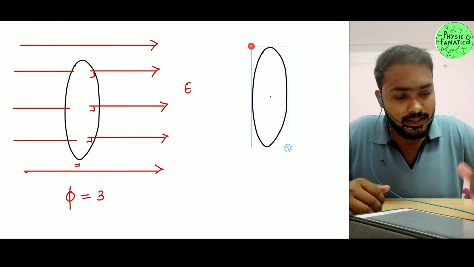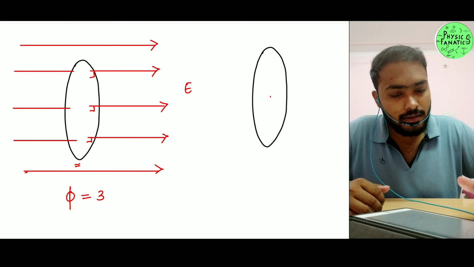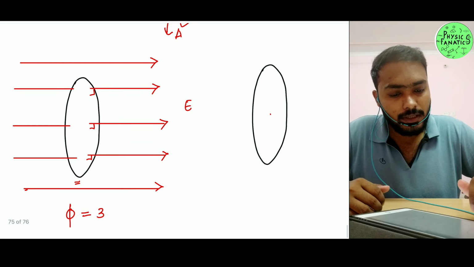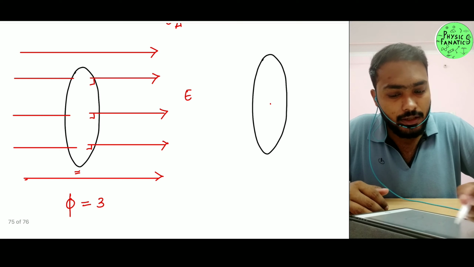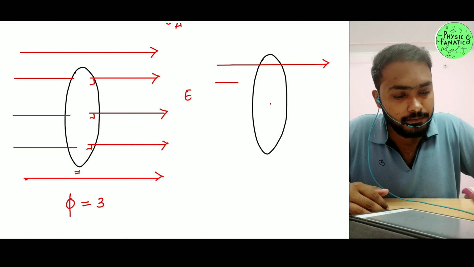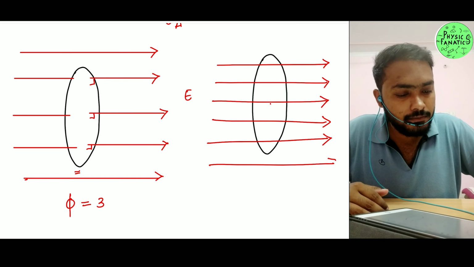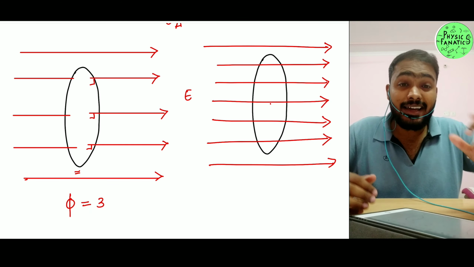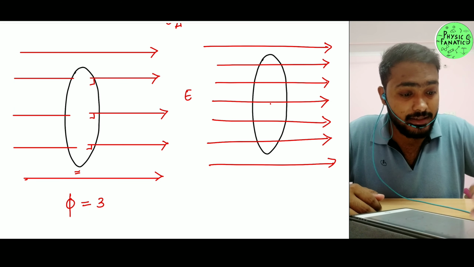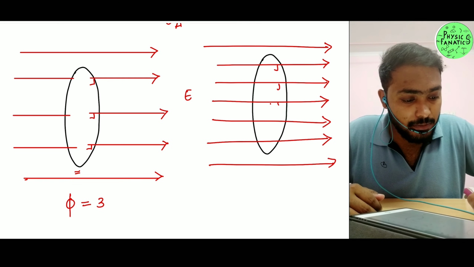All right, so let's say I have the surface. Okay, great. So let's make the electric field lines. Now I have the same surface this time, and I can see these are perpendicular.